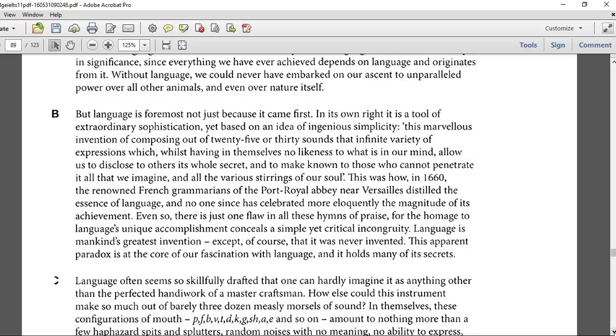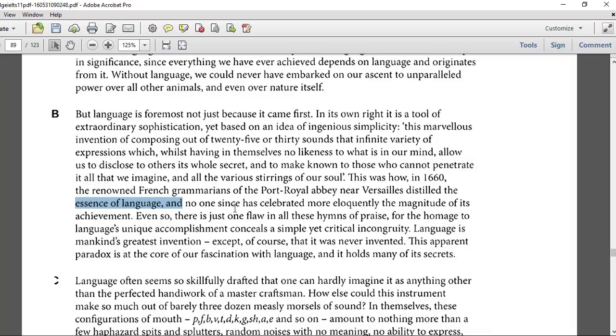Yes, here it is. Port Royal, Abbey near Versailles. Okay, let's get back a little bit. This is how in 1660 French grammarians at Port Royal near Versailles distilled the essence of language.